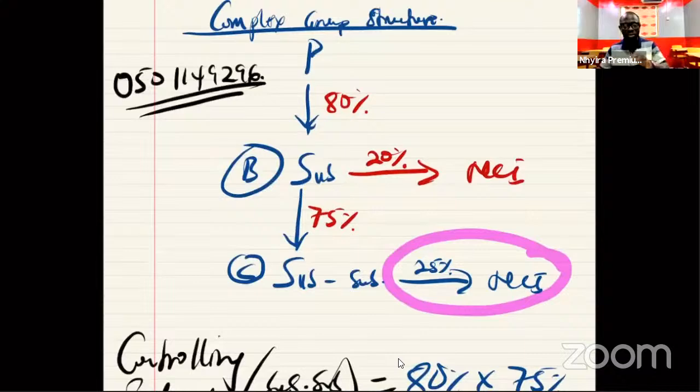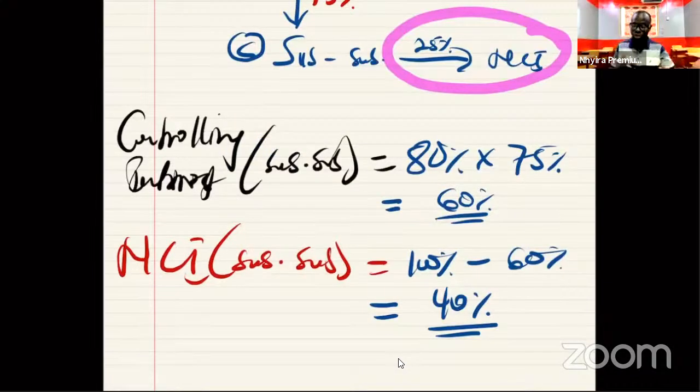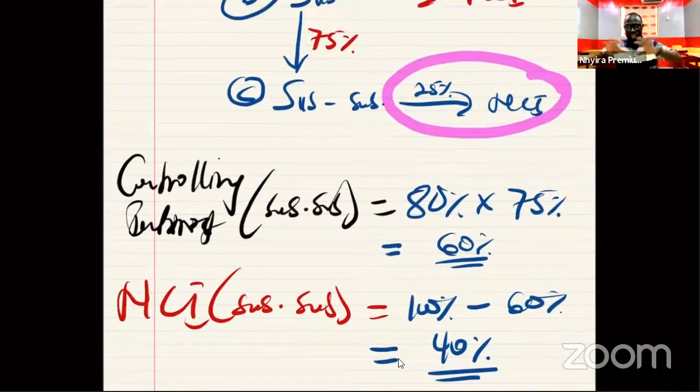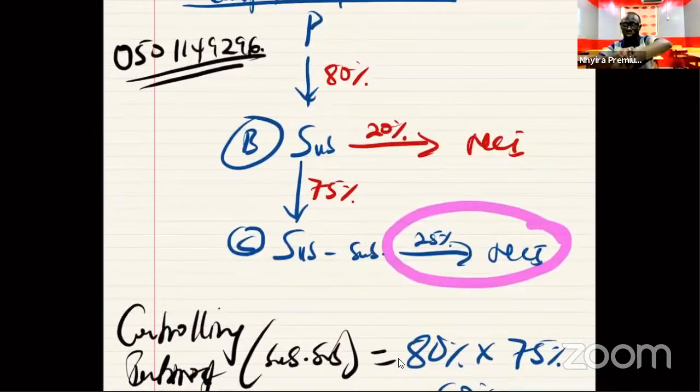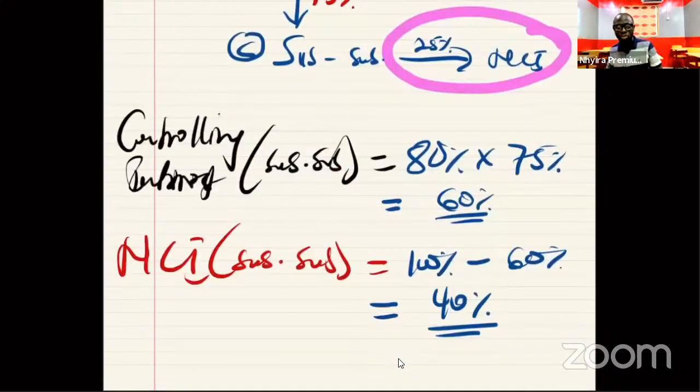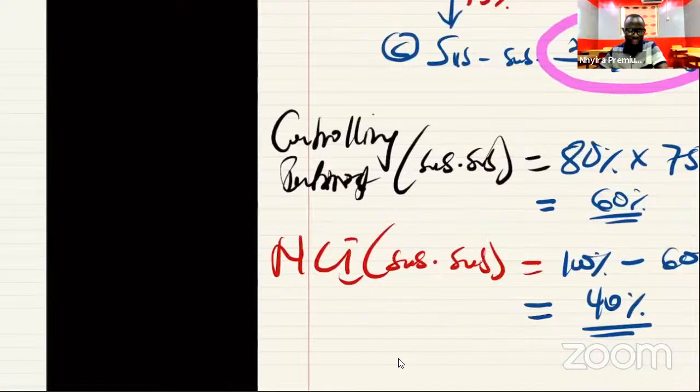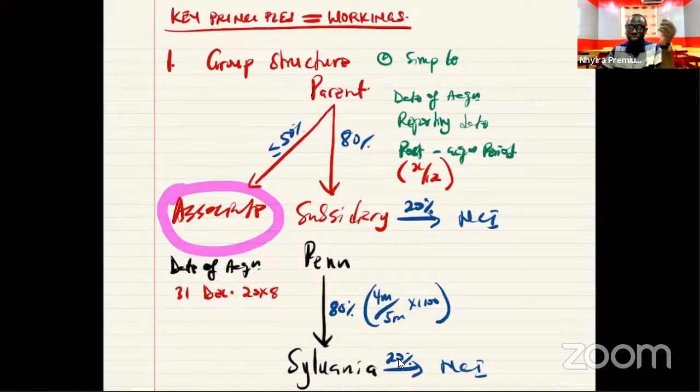So that is how we deal with non-controlling interest in subsidiary. As a corporate reporting student, or advanced financial reporting student, you have to make sure that you understand this principle very well in how we get the non-controlling interest in the subsidiary. So that is our first workings one, getting the group structure.